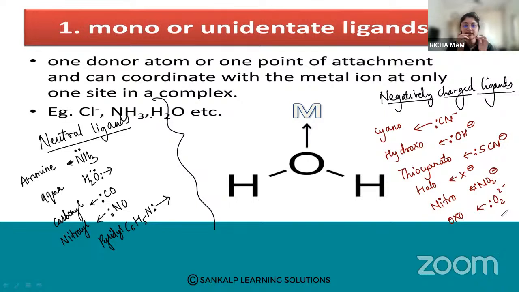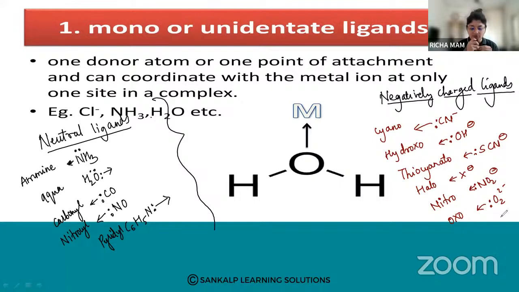So these are the examples of mono or unidentate ligands, both neutral ligands and negatively charged ligands. This is the first classification of ligands, based on the number of donor atoms.